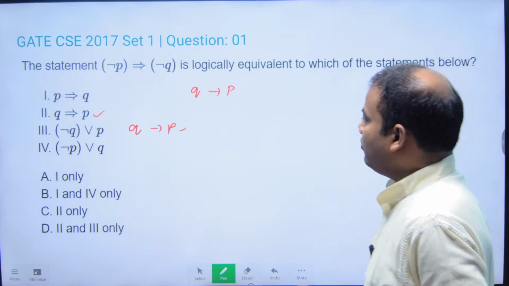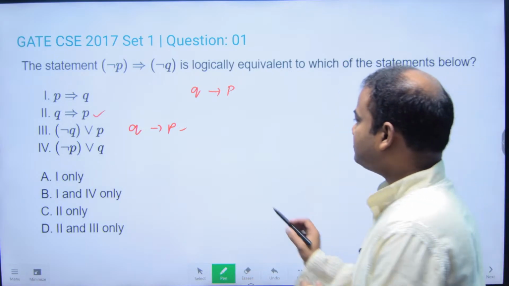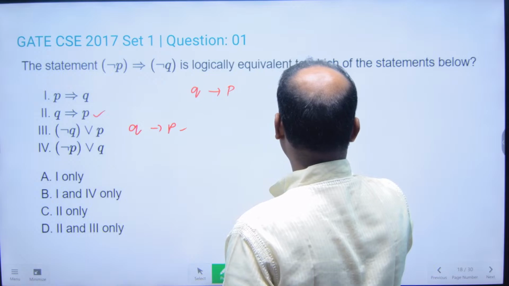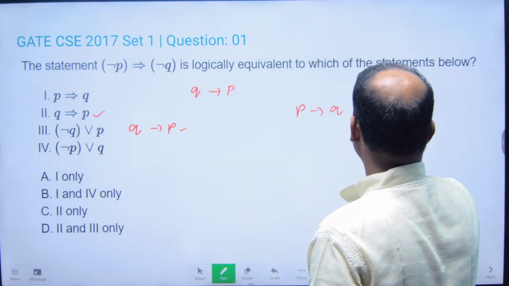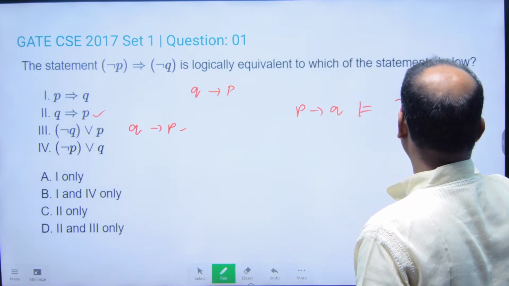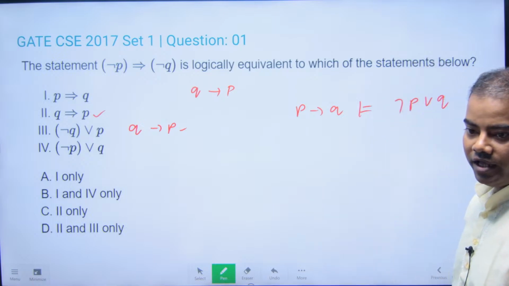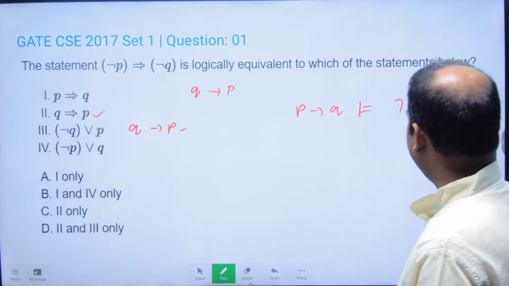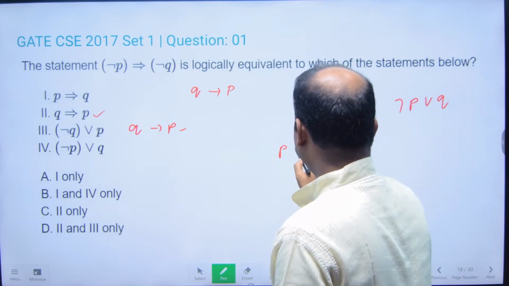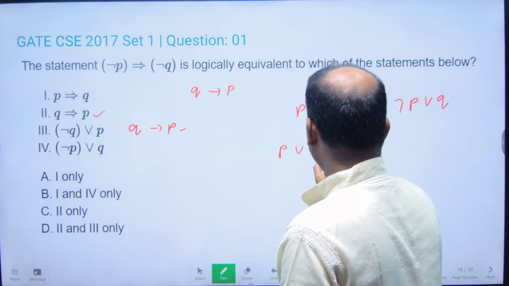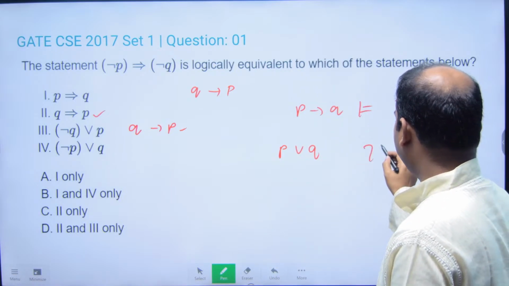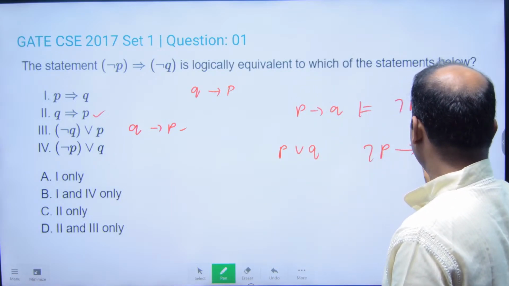Okay, okay. What is if P then Q? Not P or Q. Okay. So if it is written P and Q or P or Q, can you write this thing as not P? This.